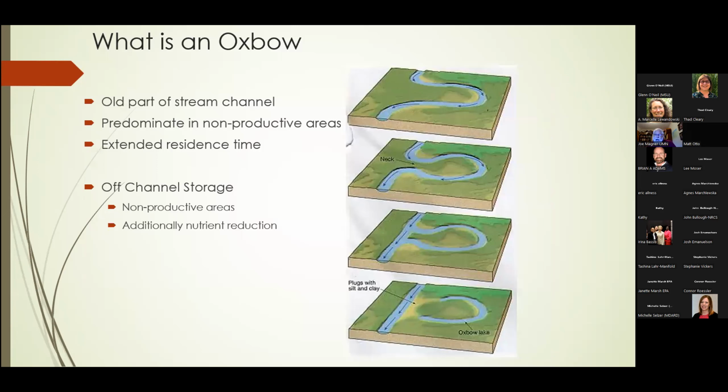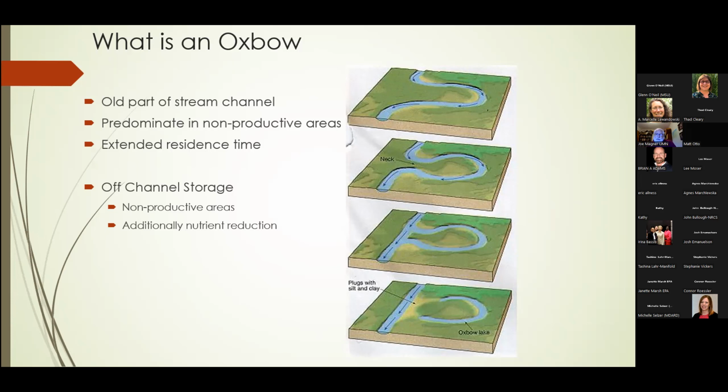So yeah, again, oxbows are created as a result of changes in either climate or land use that cut off sections of the stream, shortening the stream and leaving these natural linear-shaped wetlands on the landscape that are not being used for farming.